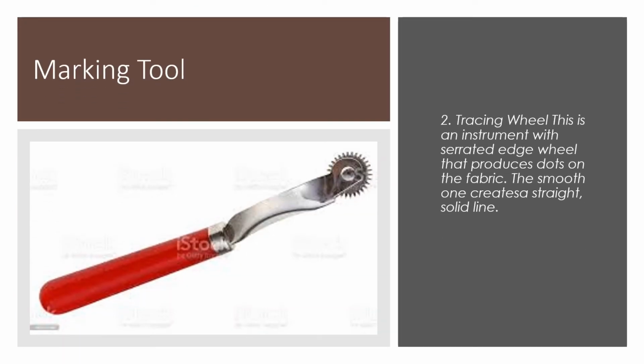Number 2, we have tracing wheel. This is an instrument with a serrated edge wheel that produces dots on the fabric. The smooth one creates a straight solid line.